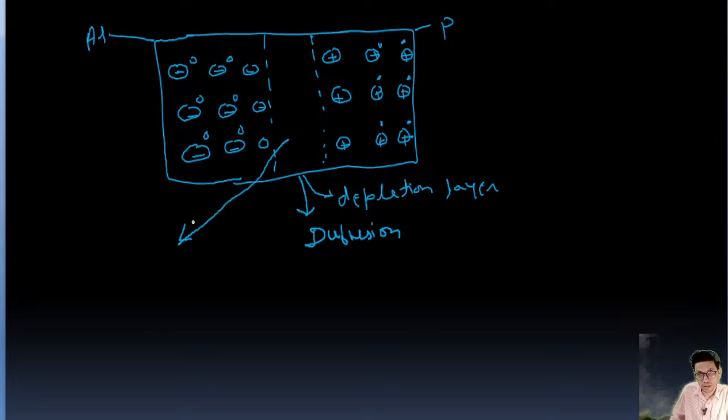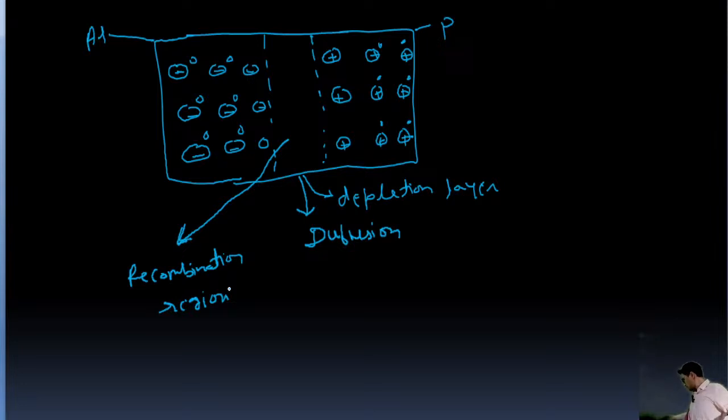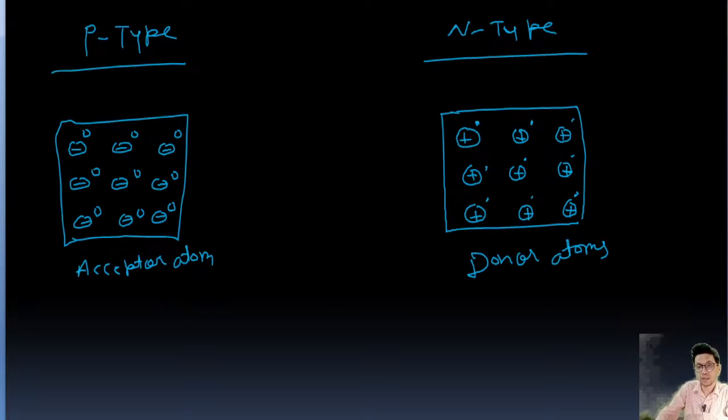Recombination region. So this is the p-n junction, if we connect P type semiconductor and N type semiconductor together, like this.